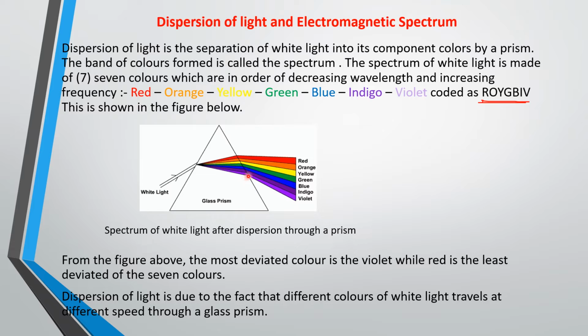It is caused by the different speeds of the light as it passes through the glass medium. So dispersion of light is due to the fact that different colors of white light travel at different speeds through a glass prism. Alright, so take note of the colors of white light: ROYGBIV.